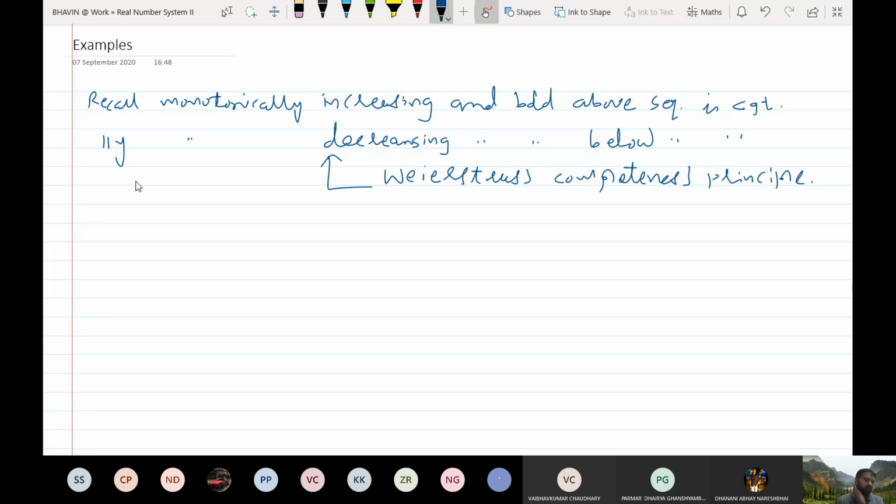If a sequence is defined recursively and we want to prove the convergence, we use this result. Now let me consider an example.